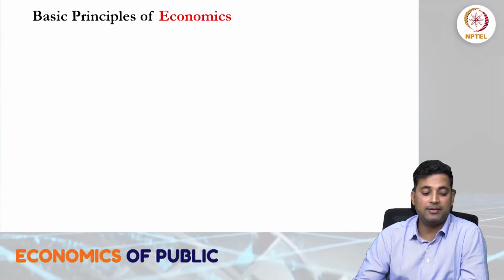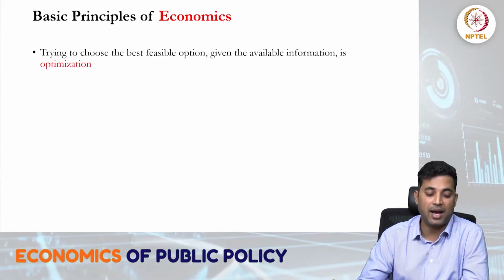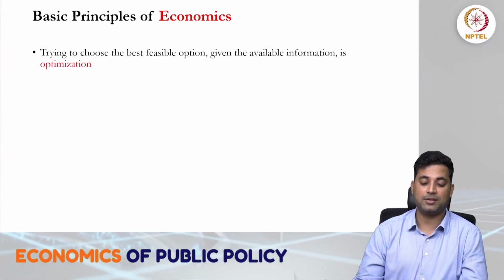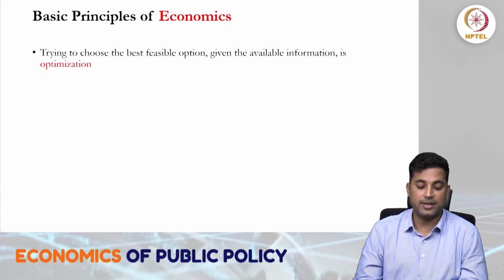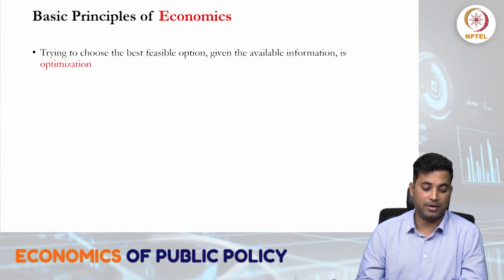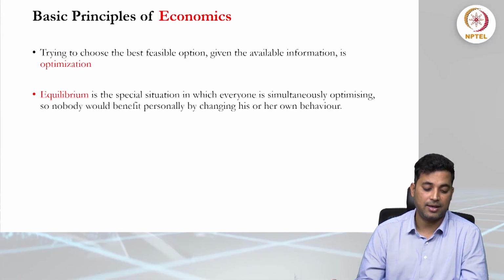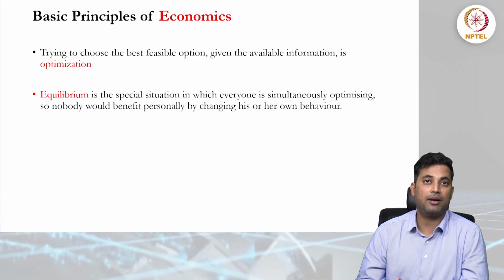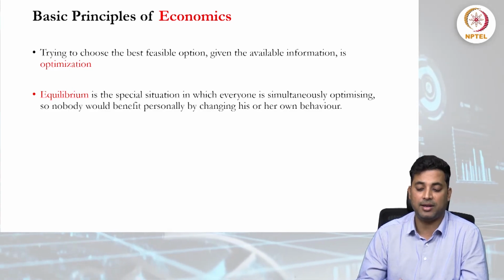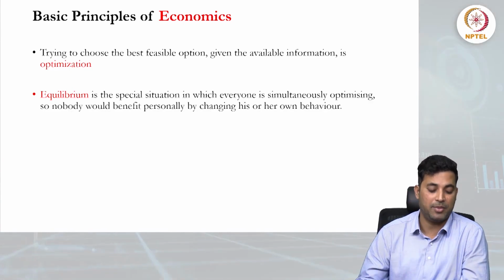So these are the basic principles of economics that I want to reiterate. One is, of course, optimization based on the available resources and the information. With the best information, we have to optimize our wants and also the resources. And equilibrium, which we get from the optimization, is a situation in which everyone is simultaneously optimizing in the general equilibrium model.